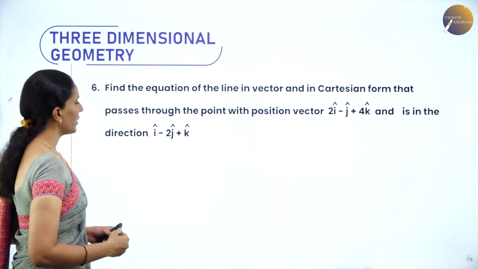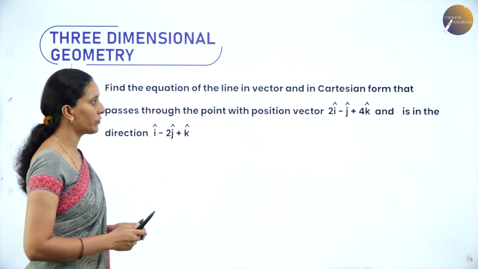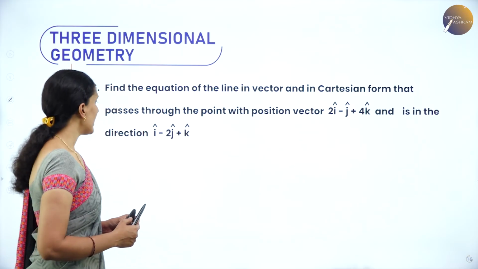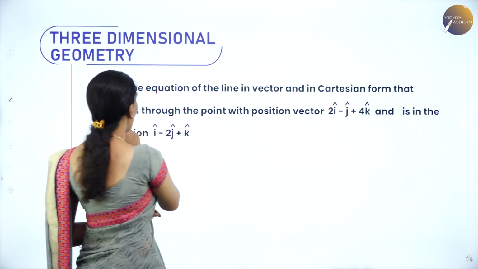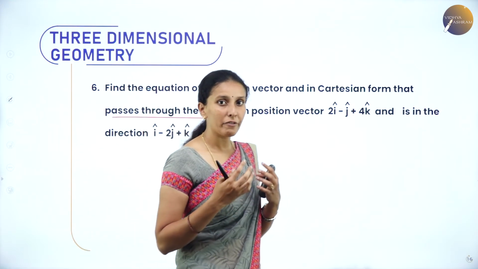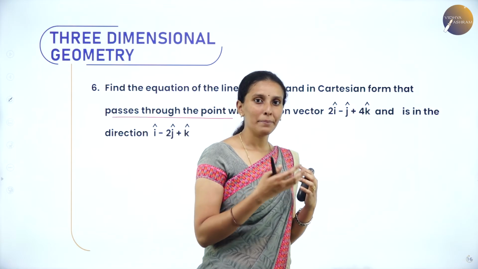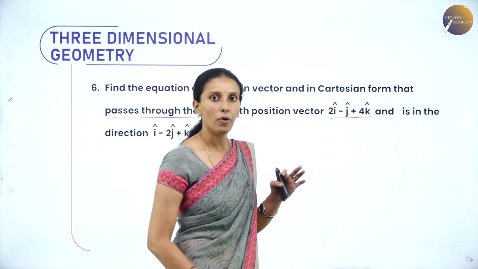Next, find the equation of the line in vector and Cartesian form that passes through the point with position vector 2i minus j plus 4k and is in the direction of i plus 2j plus k. So here passing through the point means usually they would have given the points in the form of 2, minus 1, 4, and we know that any point can be expressed in terms of vector. So here the component form of a point is given.